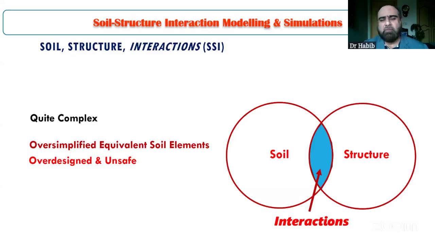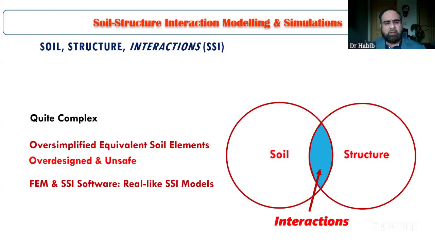And this idea I will be reinforcing through all the discussions and case studies in the following slides. So as I mentioned before, at least during the last 2 decades, finite element method and SSI based software have made these real-like SSI modeling a reality.